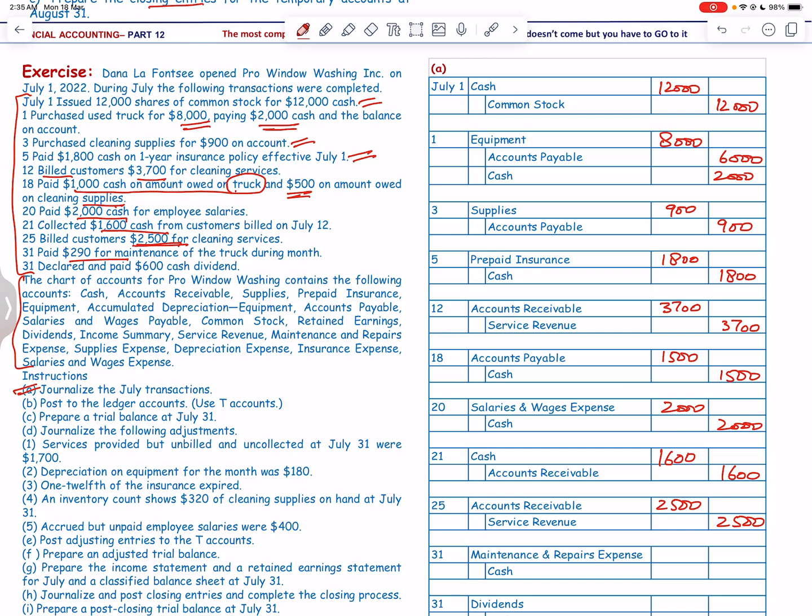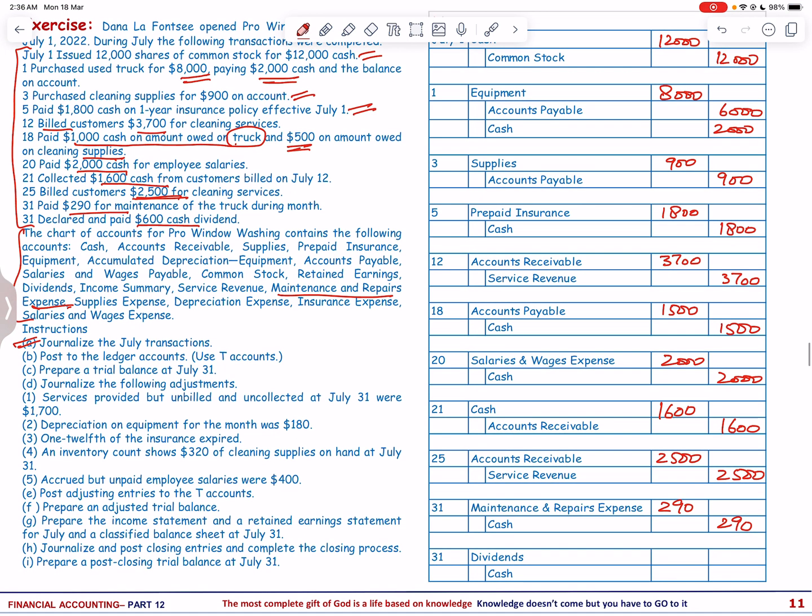You can see this is the account title that we have to use. Then declared and paid 600 cash dividend, so dividend is debited by 600 and we are paying cash, so cash is credited by 600.